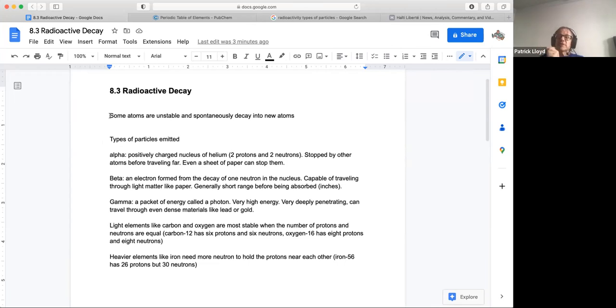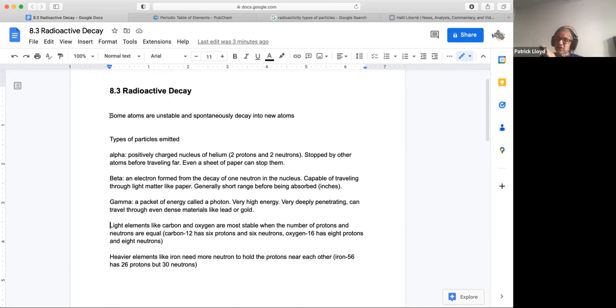When that happens, a small, light particle, light meaning not much weight, is radiated outside. Essentially what happens is the atom breaks apart and part of it will fly off into space. And that's what we call the radiation. When someone says you've been exposed to radiation, that's the particle that's been emitted from this atom, okay?